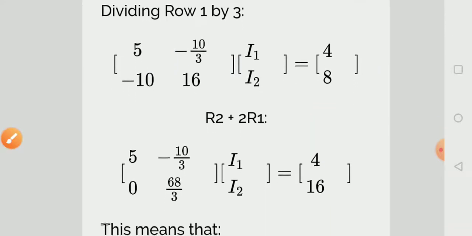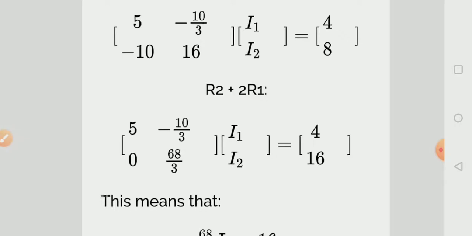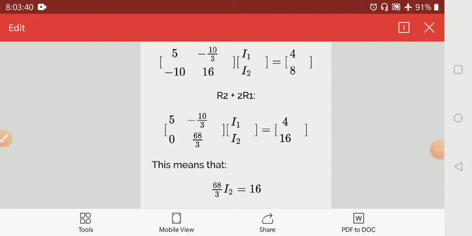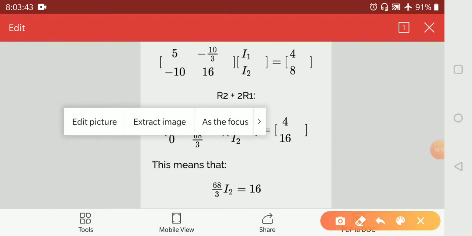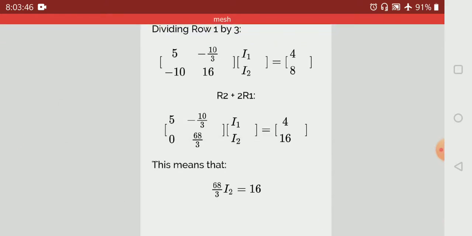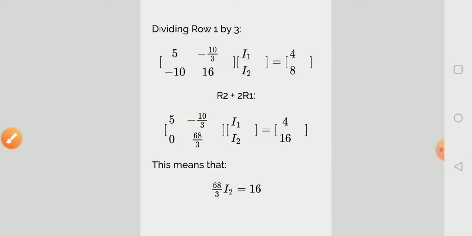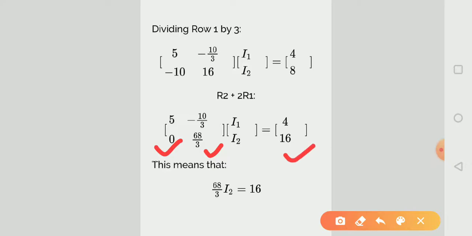Now we apply the second rule in the next step, R2 equal to R2 plus 2R1, we find here is 0 and 68 upon 3, and the value of V2 is 16.